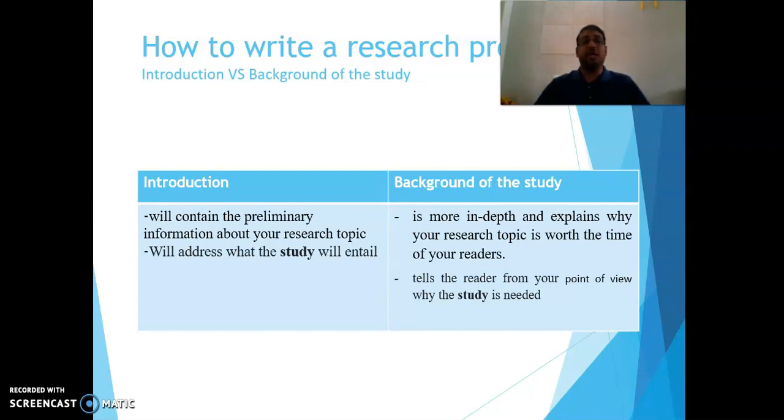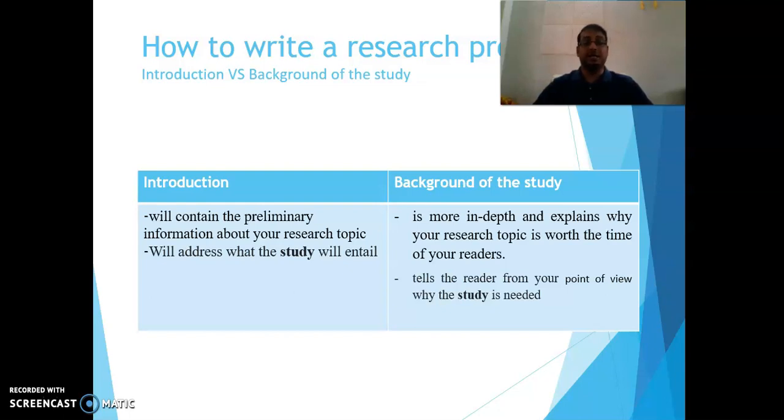Introduction will contain the preliminary information about your research topic, your research questions, your research objectives, and what readers will be learning in your paper. So it is simply an overview of your research questions or objectives or your research topic. That means it will address what the study will entail.